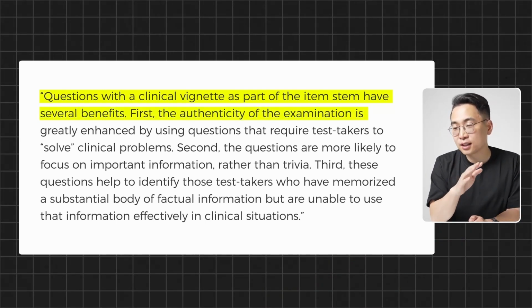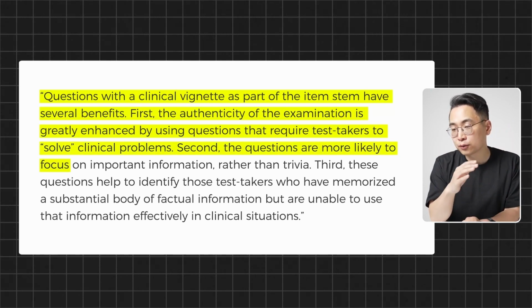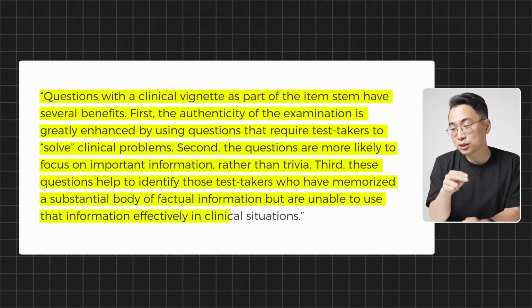First, the authenticity of the examination is greatly enhanced by using questions that require test takers to solve clinical problems. Second, the questions are more likely to focus on important information rather than trivia. Third, these questions help to identify those test takers who have memorized a substantial body of factual information but are unable to use that information effectively in clinical situations.